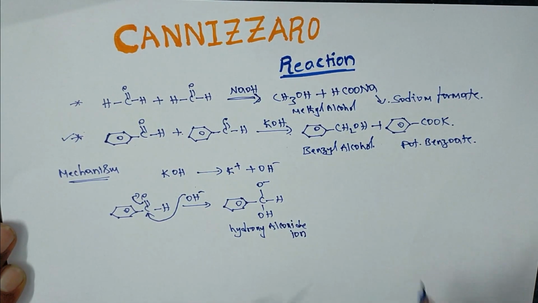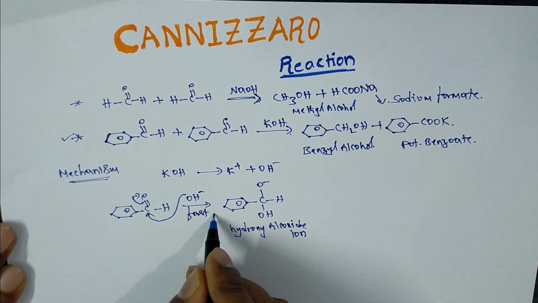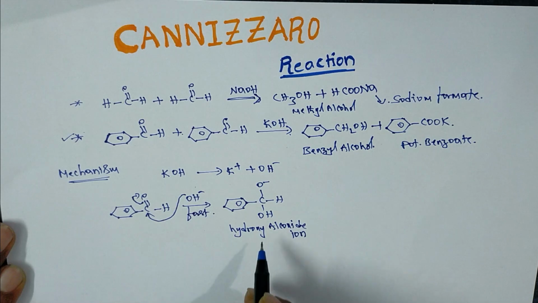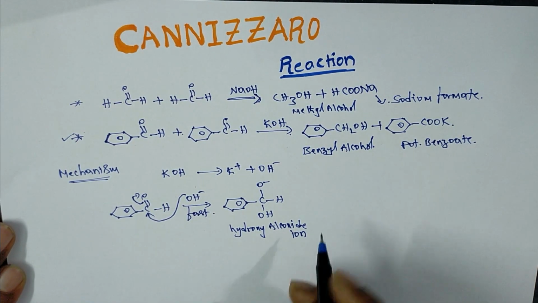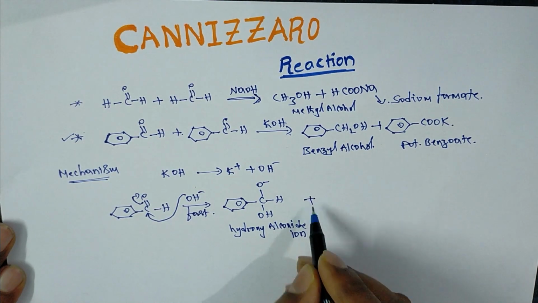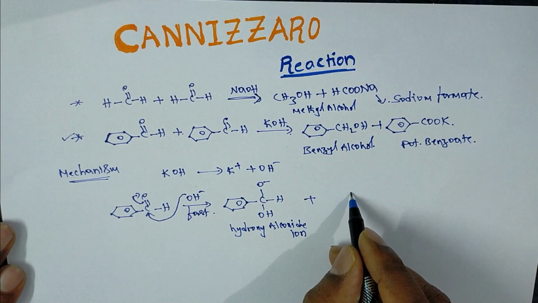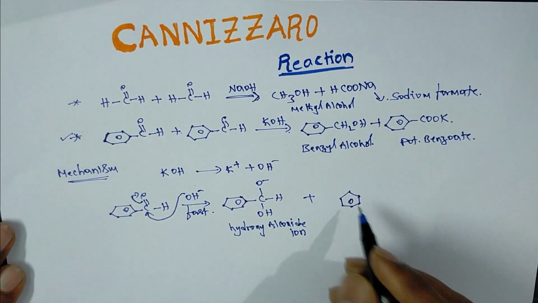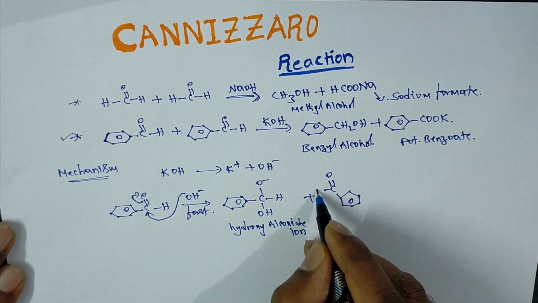This is a fast reaction. So this hydroxy alkoxide ion again reacts with another mole of benzaldehyde, C6H5CHO.